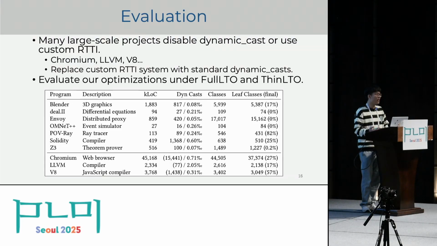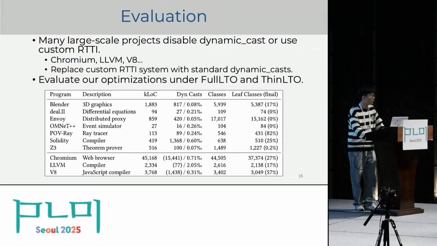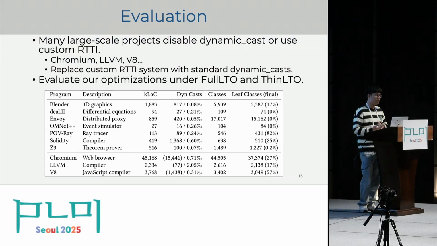We also evaluate our optimizations under two main types of link time optimization, which are full LTO and thin LTO. Full LTO is the heavier and more aggressive version that we talked about earlier, and thin LTO is a lightweight alternative which is scalable and builds fast, so it has also been the default LTO build for the Chromium project.